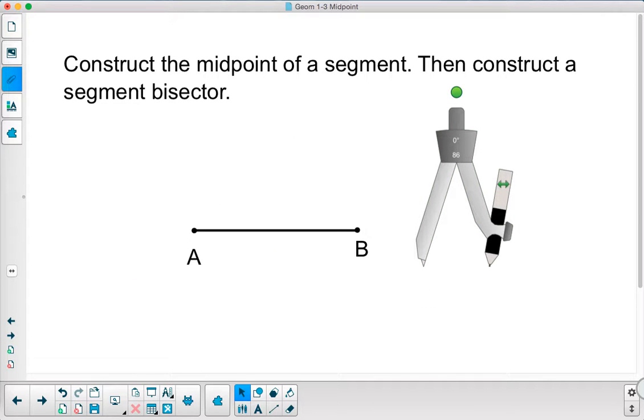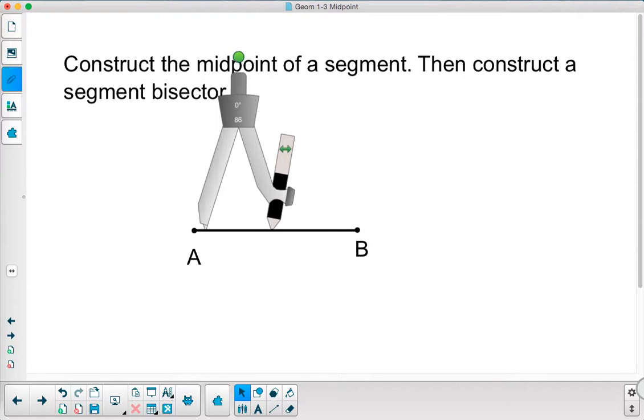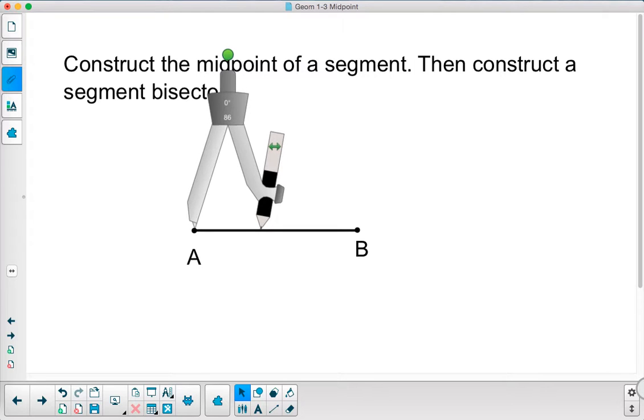Let's construct the midpoint of a segment, and then we're going to construct the segment bisector. Okay, I've got my compass, and I drew a segment using my straight edge, just a random length, maybe about 3 inches long. Again, pause so that you can do these things. Now to use the compass, you're going to put the point of your compass on one end of the segment.